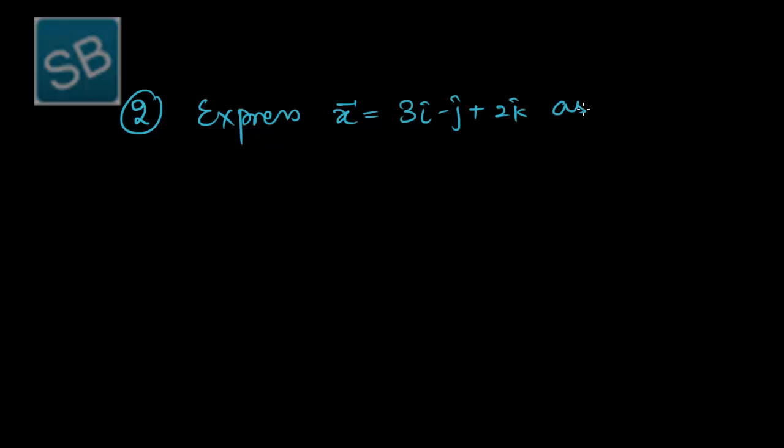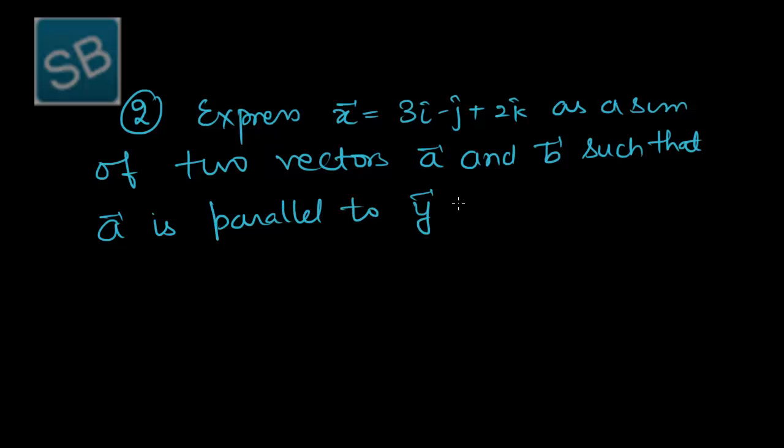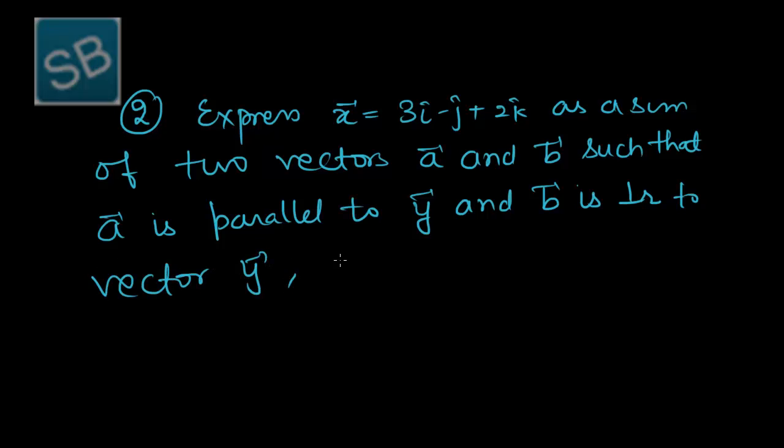Now the next problem, that is problem number 2. Express vector x equal to 3i minus j plus 2k as a sum of two vectors, vector a and b, such that vector a is parallel to y and vector b is perpendicular to vector y, where vector y is equal to 2i minus k.